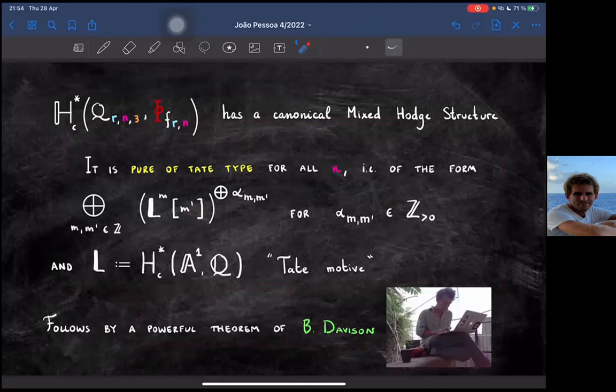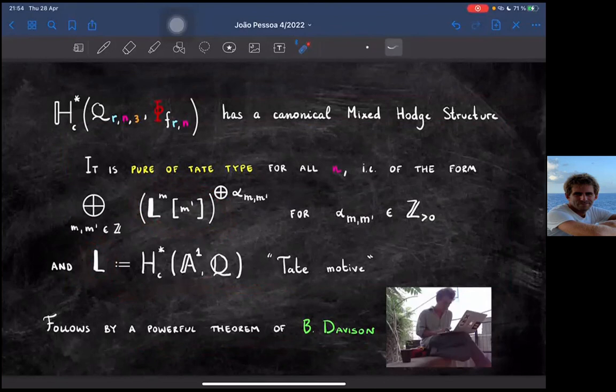So this means that it's essentially decomposed as a sum of shifts of the Tate motive, where the Tate motive is this class L, the cohomology of A1. So the cohomological analog of the Lefschetz motive.